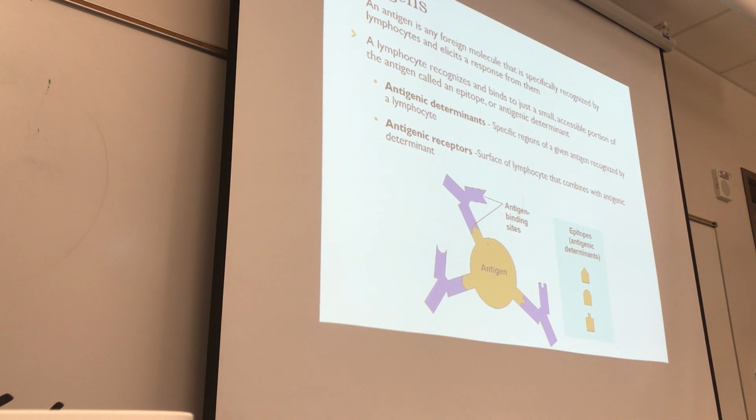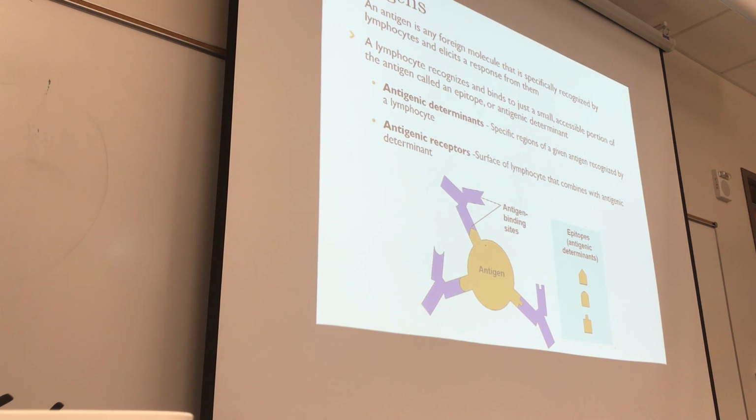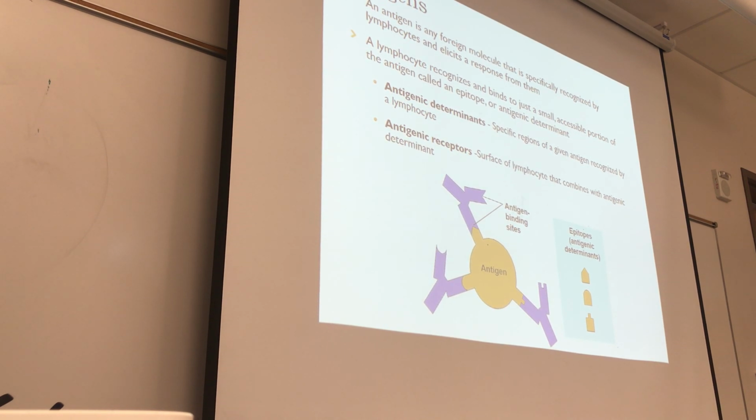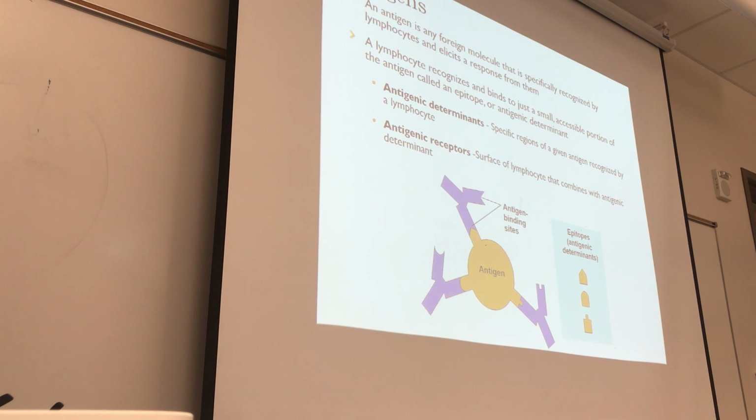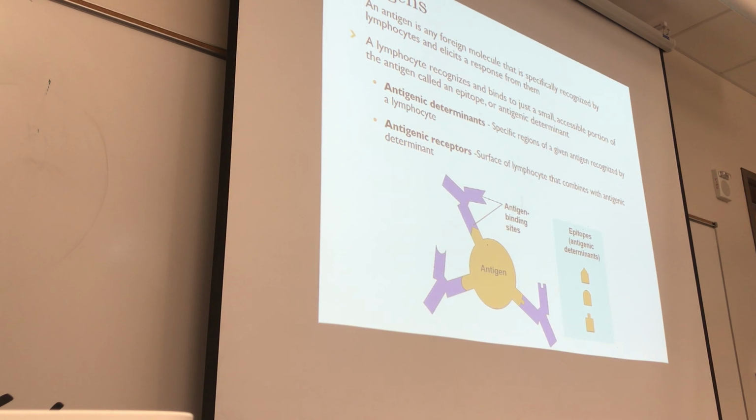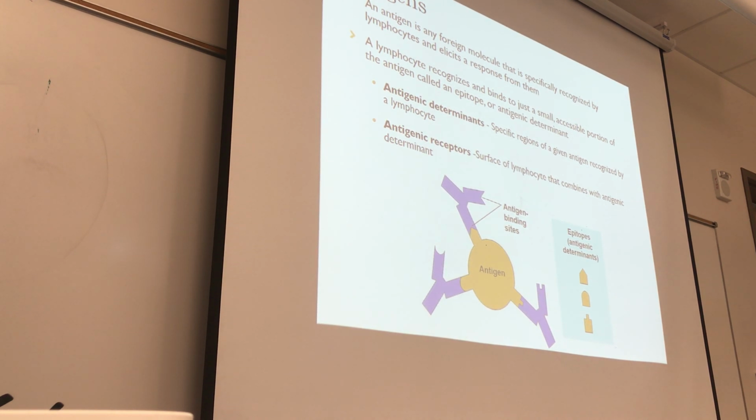Those are going to be particular proteins that are targeted by antibodies or receptors. So we did the blood lab and we talked about type AB positive, which would have three different epitopes, the A, the B, and the positive.